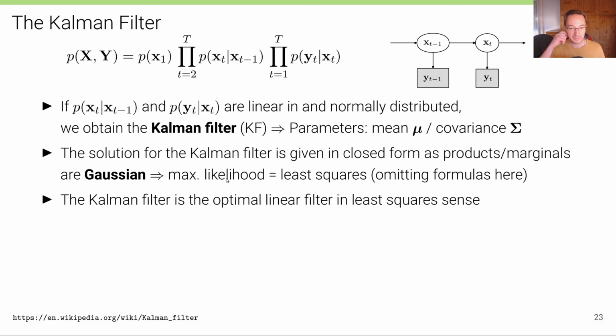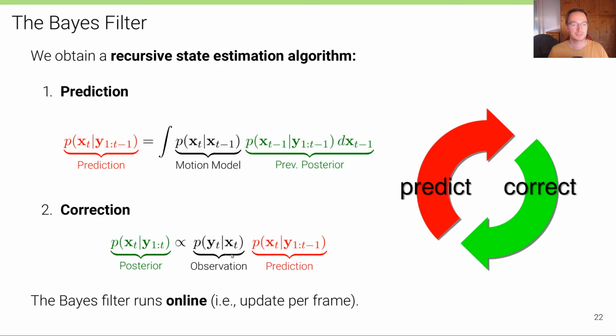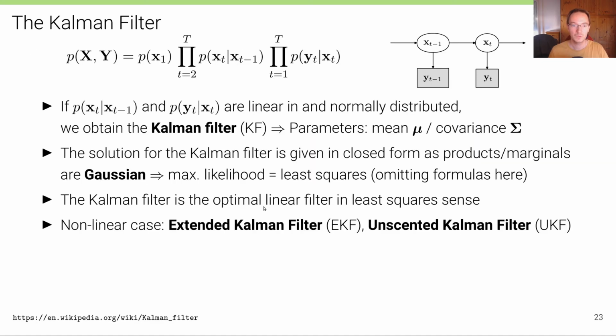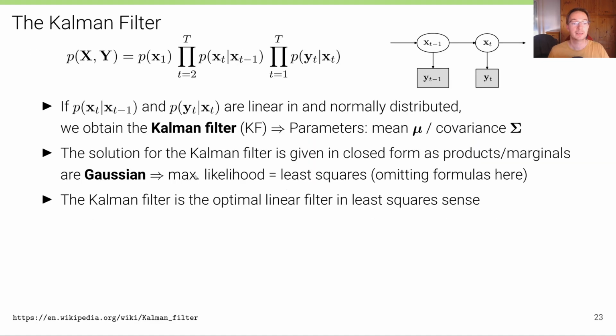The solution for the Kalman filter is given in closed form as the products and marginals are Gaussian. Right? So we have assumed that the motion model and the observation model are Gaussian. And because in these equations here, we only marginalize and we only compute products, we obtain a Gaussian as a result.